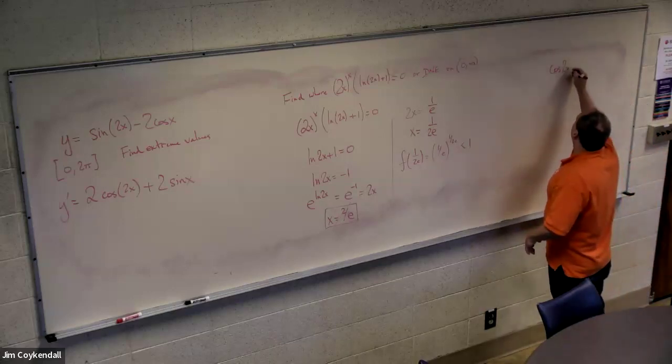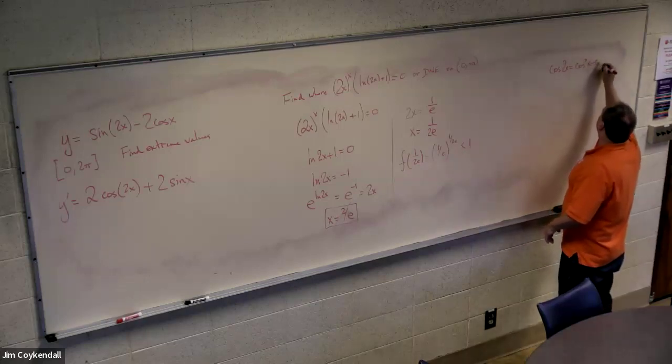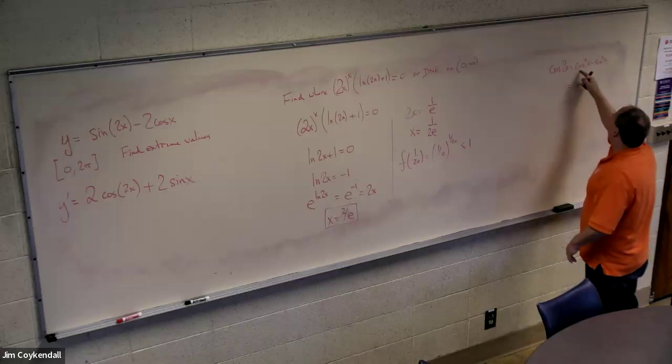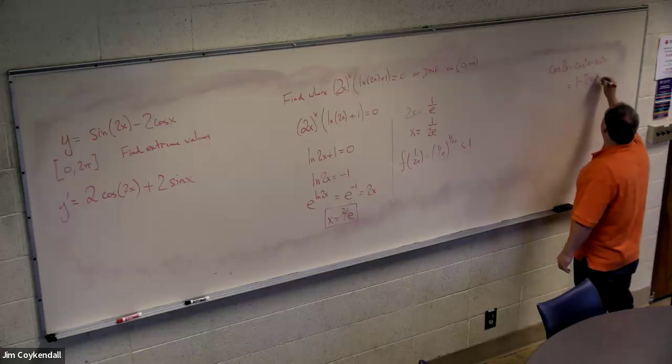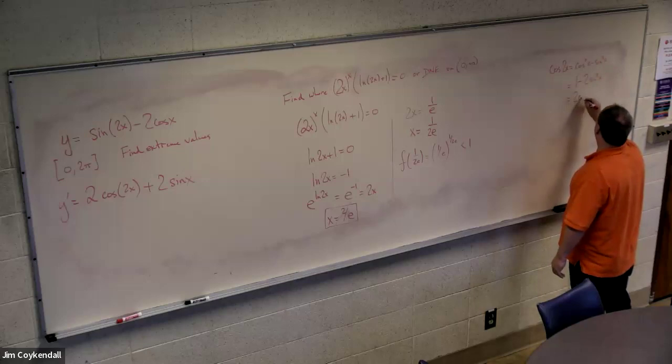Cosine 2x is cosine squared minus sine squared. And you can also rewrite this as 1 minus 2 sine squared. You can also do that with cosine squared.